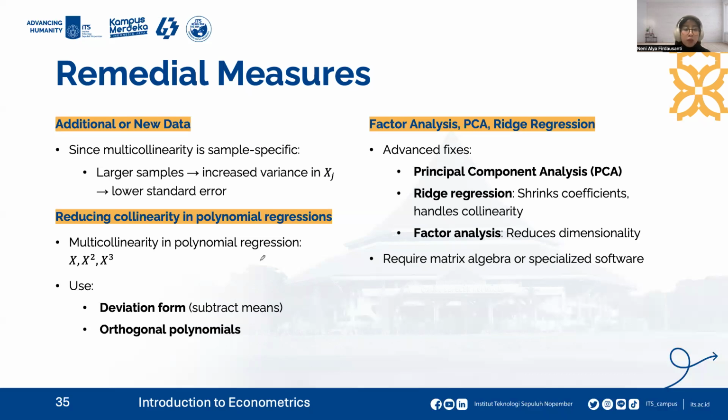Multicollinearity in polynomial regression can be caused by the involvement of x and x squared and x to the power of 3. We can use deviation form, like subtracting the means, or we can use orthogonal polynomials too, like factor analysis or PCA, or even ridge regression to reduce the dimensionality of our dataset.